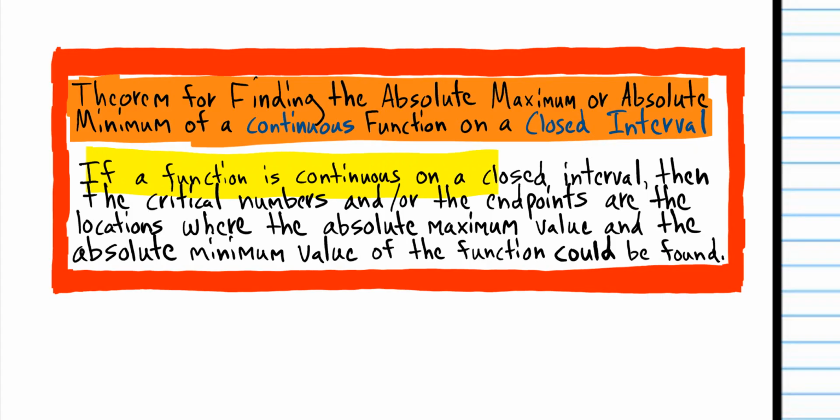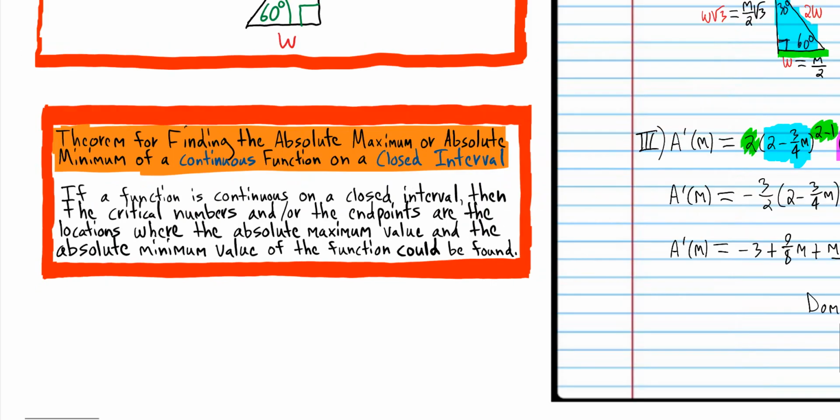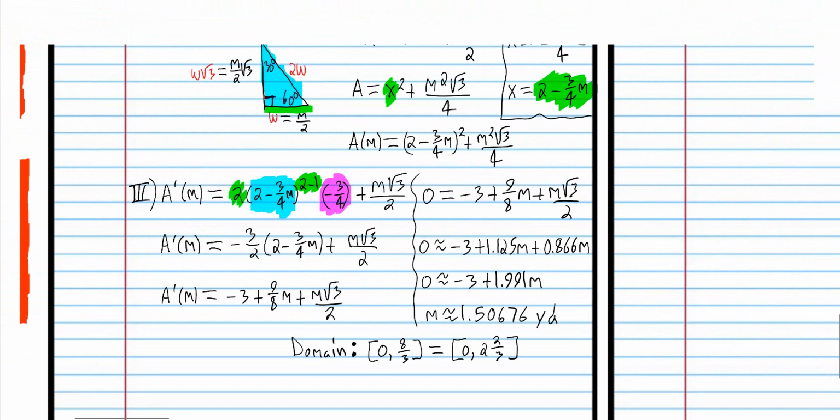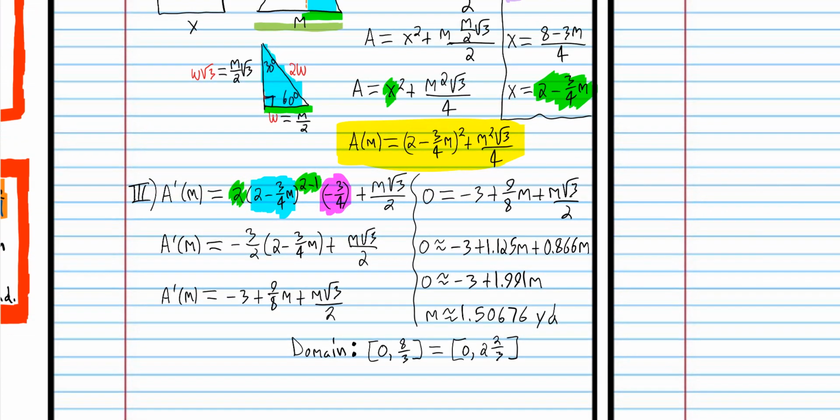If a function is continuous on a closed interval, then the critical numbers and or the endpoints are the locations where the absolute maximum and the absolute minimum value of the function could be found. So all we have to do is plug in the critical number into the function, and also the x values of the endpoints, which are 0 and 2 2/3, and then compare the value of this area, and whichever one is the bigger one, that tells you.